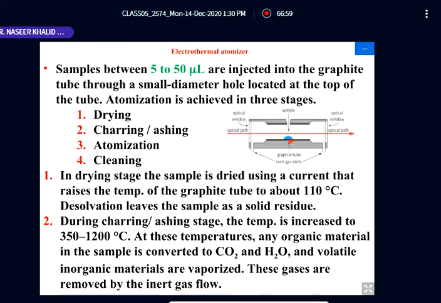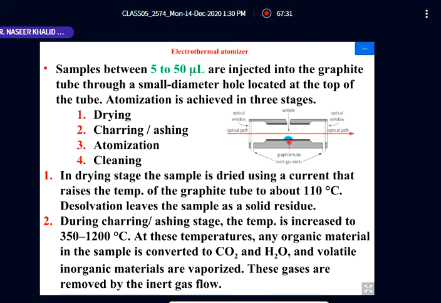Then there is a charring process, also known as ashing. If the solution contains organic material, for example a 20 microliter blood sample, and blood is composed of so many components, this organic component will be destroyed.